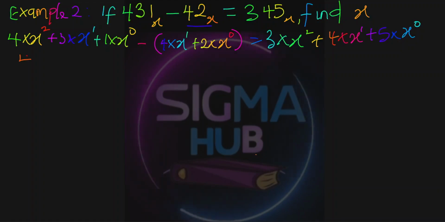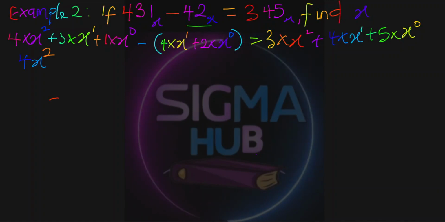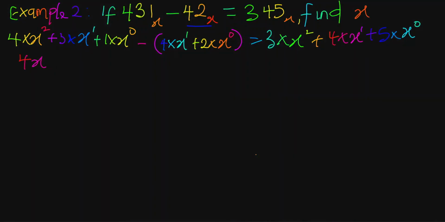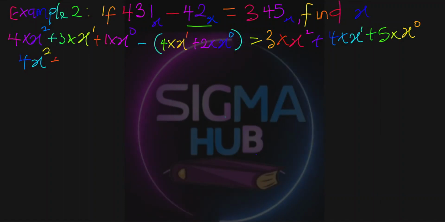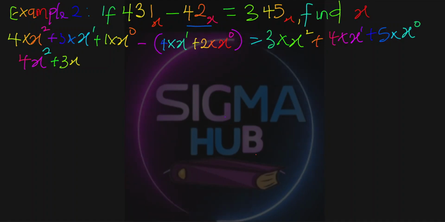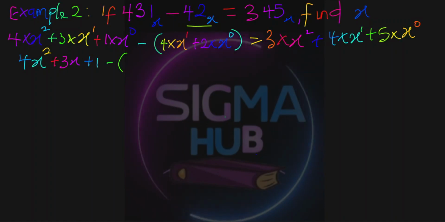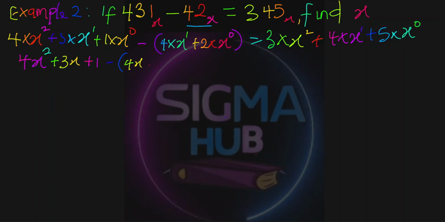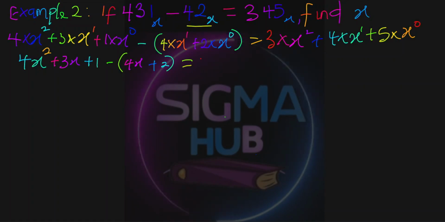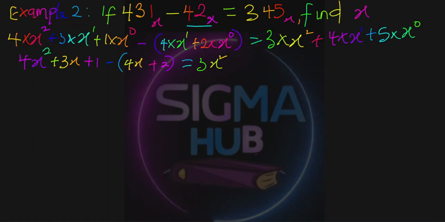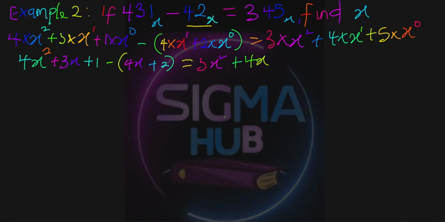So we have 4x squared plus 3x plus 1 minus 4 times x raised to the power of 1 is 4x plus 2, equal to 3x squared plus 4x plus 5.